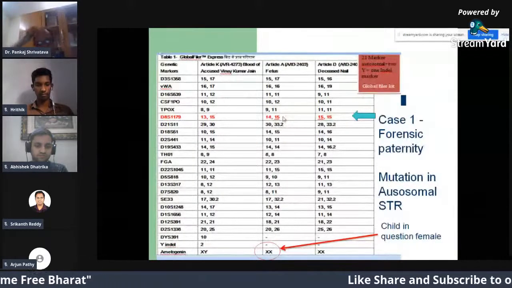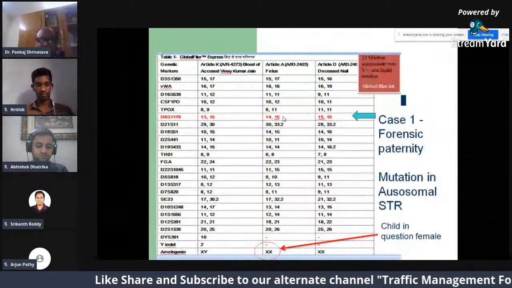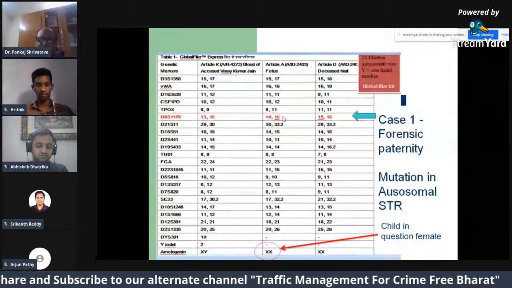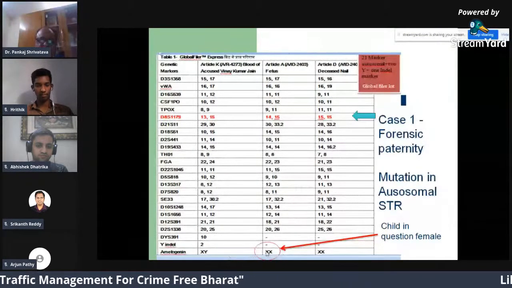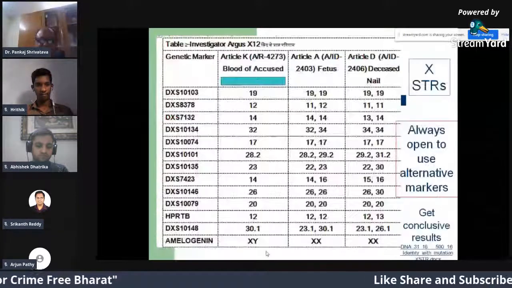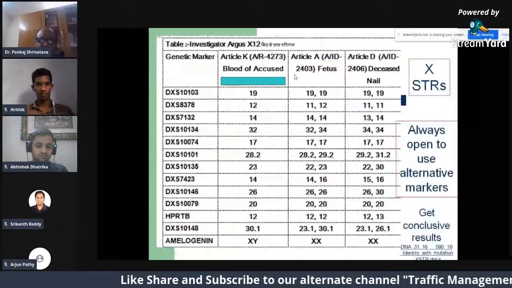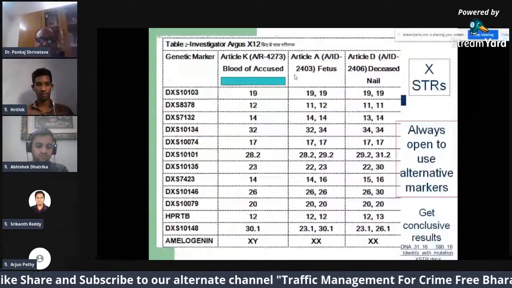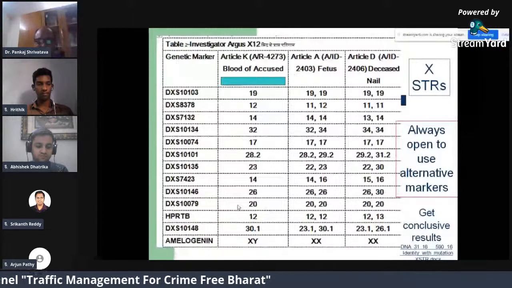Now if there is one or few mismatches, that should be ascertained by using some other marker. Like in this case, as the child in question was XX, so we put it for XSTR. So XSTR of male is hemizygous. This is somewhat different topic to be discussed here.